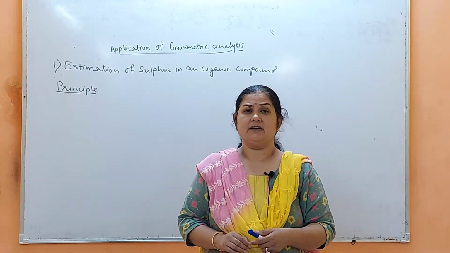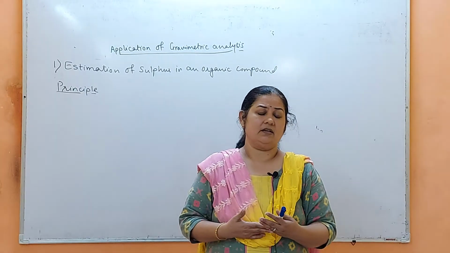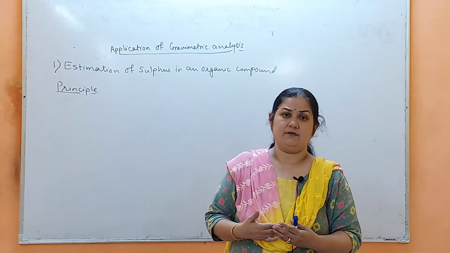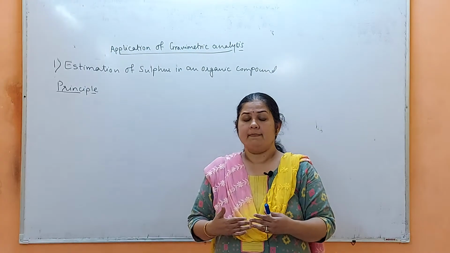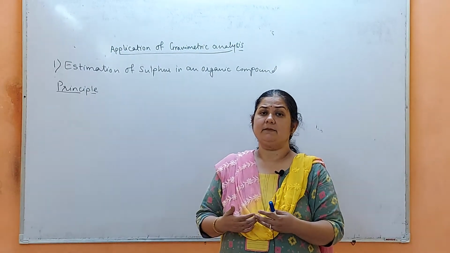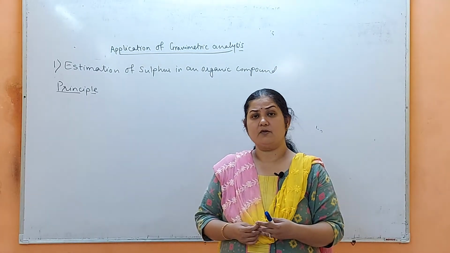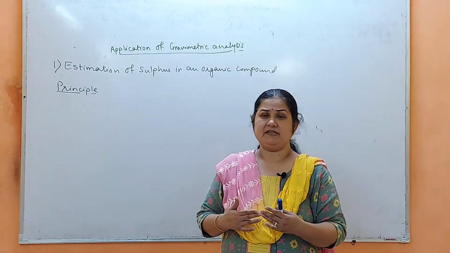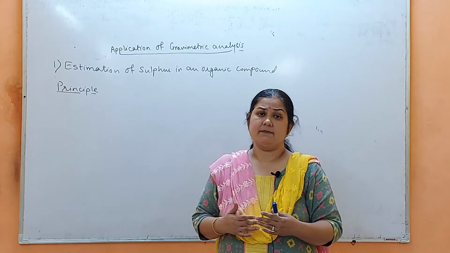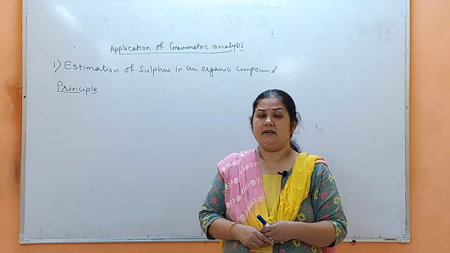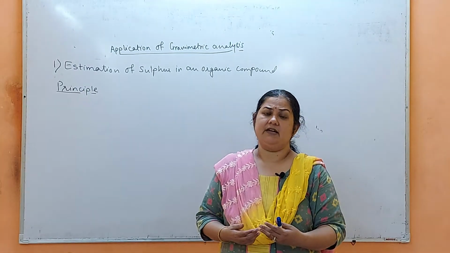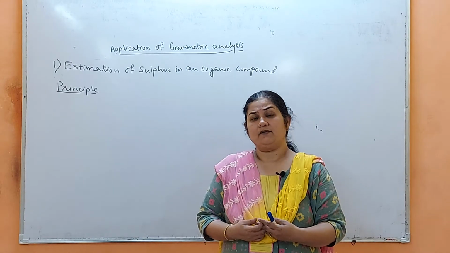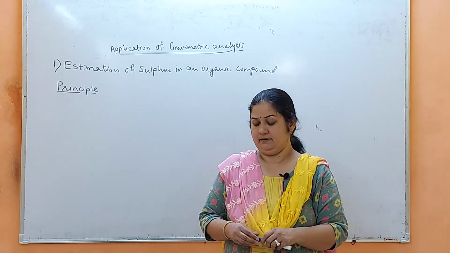After that, all the sulfur has got converted into H2SO4, that is sulfuric acid. Now after cooling it, it is treated with barium chloride, so that all the sulfate ions will be precipitated out as barium sulfate.